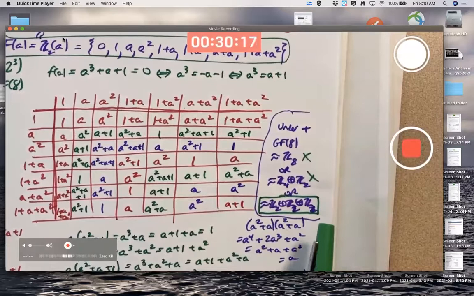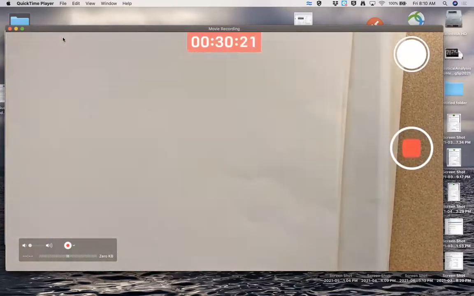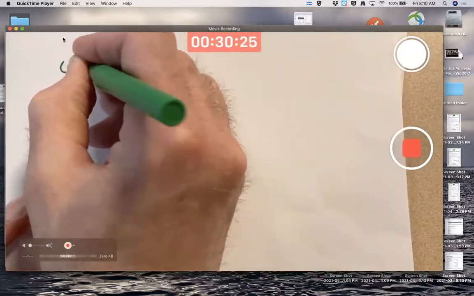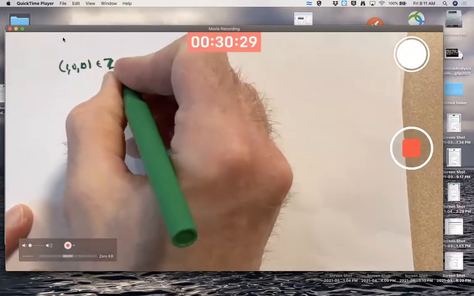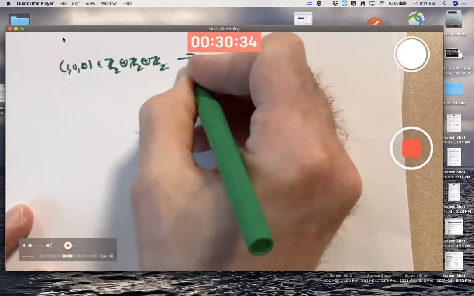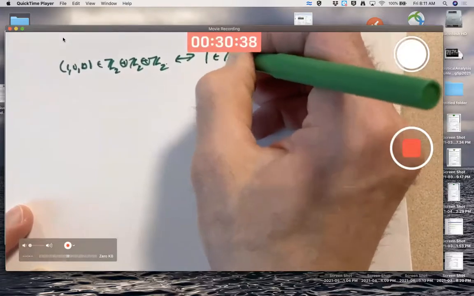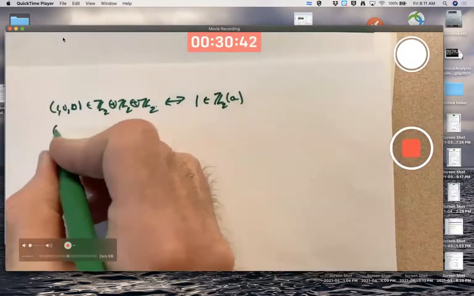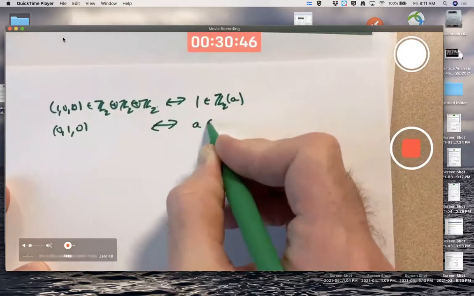So for example, I'll add a rim on this paper here. 1, 0, 0 as an ordered triple in this external direct product could be thought of as corresponding to the element 1 in Z2[a]. 0, 1, 0 could be thought of as corresponding to the element a in Z2[a].